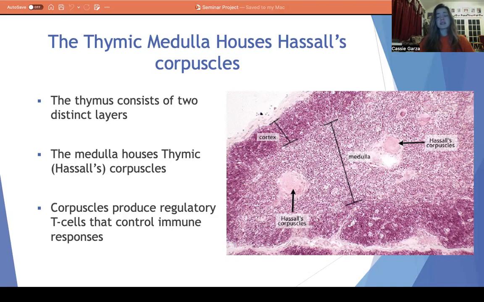The second stage is partially developed, with partial function, and the first stage is totally underdeveloped and they don't really have function at that point. A lot of cells being in the first stage is not really good. That would mean there are fewer regulatory T cells, which could lead to diminished immune responses. The stages of these corpuscles can actually be analyzed under a microscope, so we're going to get to see that later.